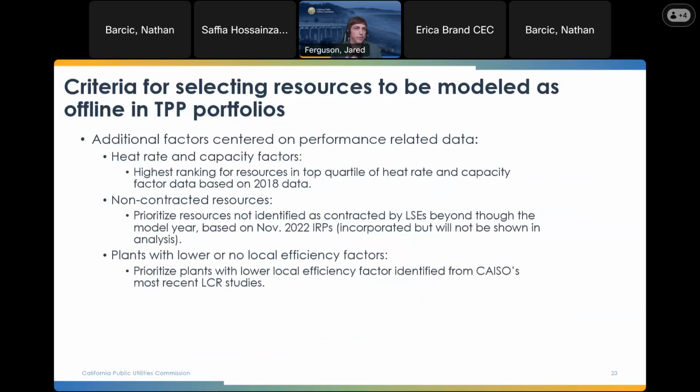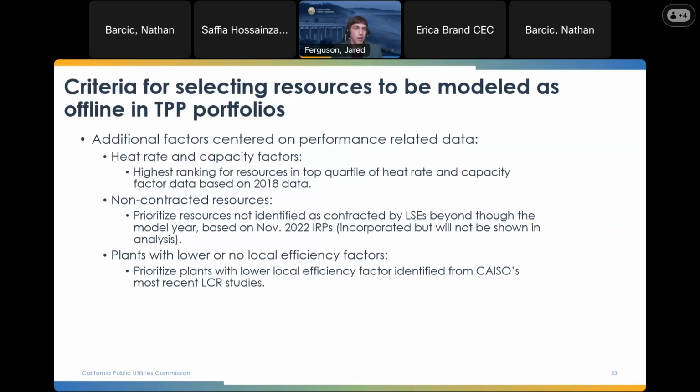The last three sets of information we're incorporating: we are looking at the heat rate and capacity factor of the plant. So we're again just looking at a quartile analysis of where it falls, so is it in the top quarter of the heat rate or capacity factors? We also, and this is a slightly different one where it's just yes or no, are looking at resources that aren't under contract through the date in which we are modeling.